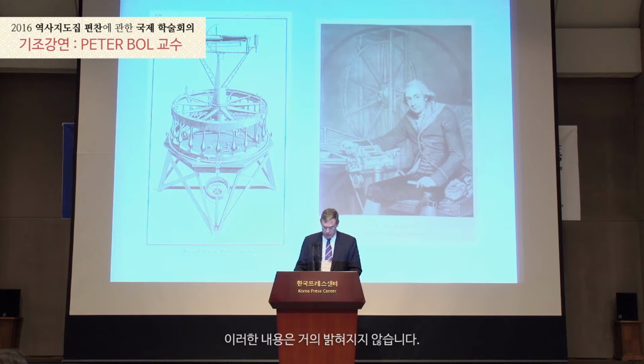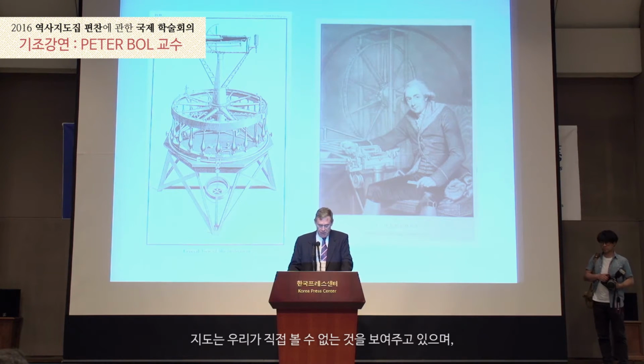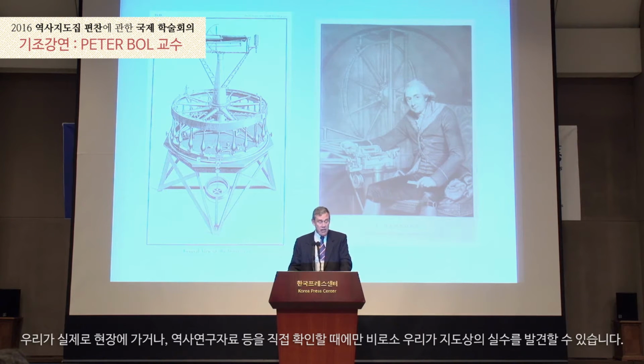They rarely tell us. And yet most of us find maps convincing. They show us what we cannot see ourselves, and it is only when we actually check the truth on the ground or research historical records that we discover mistakes and misrepresentations.